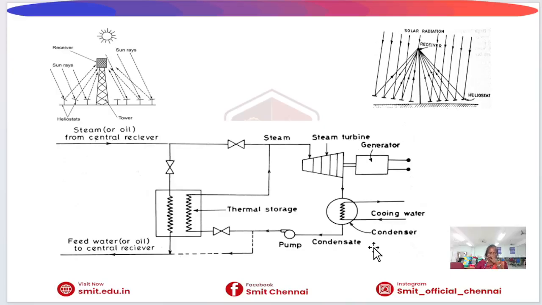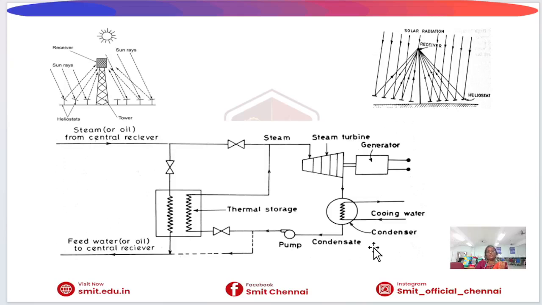After passing through the turbine, the steam enters a condenser where cooling water removes the heat and converts the steam back into water. The water is then pumped back again to the receiver using a pump, forming a continuous cycle.